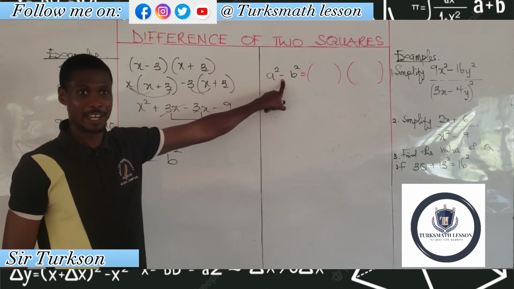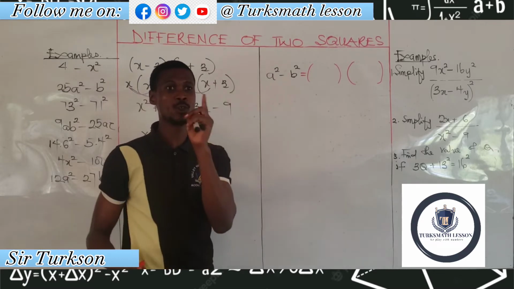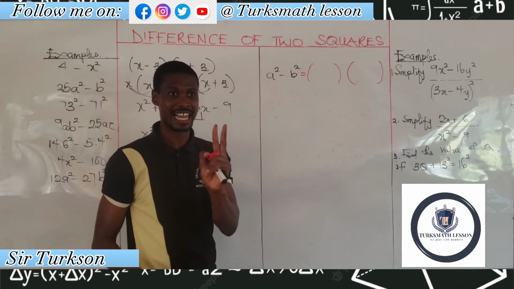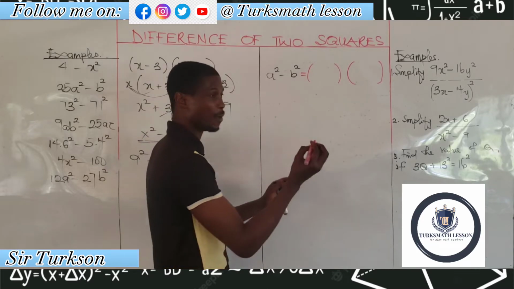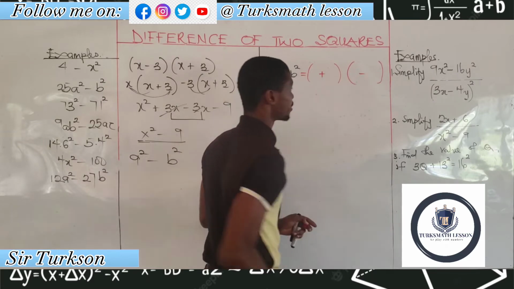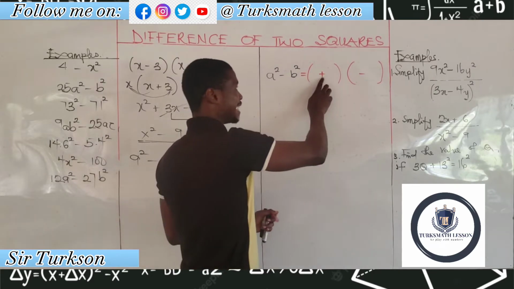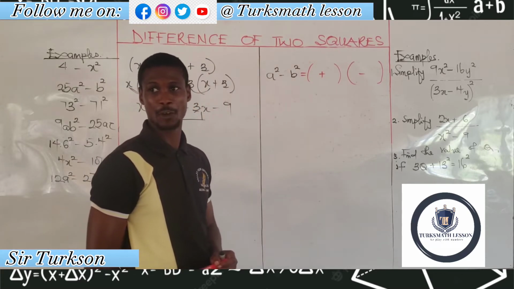Minus. Because we want to arrive at the minus sign here again, we need to use 2 operational signs. And what are these 2 operational signs? Addition and subtraction. So in doing that, when you multiply this times this, you are going to get minus.